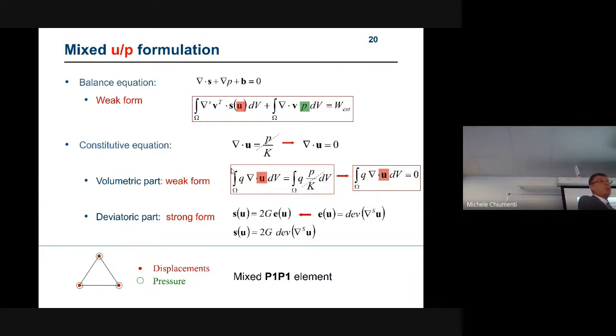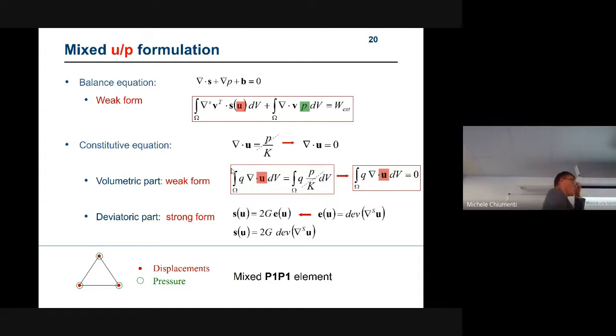Now the counterpart, the volumetric part: the pressure is K, the bulk modulus, multiplied by the divergence of the displacement. If you write it this way, it allows you to say that if K tends to infinity, because Poisson's ratio is 0.5, for instance, this disappears and you end up with this equation. This is valid for fully isochoric problems, CFD, but also for elastoplastic analysis.